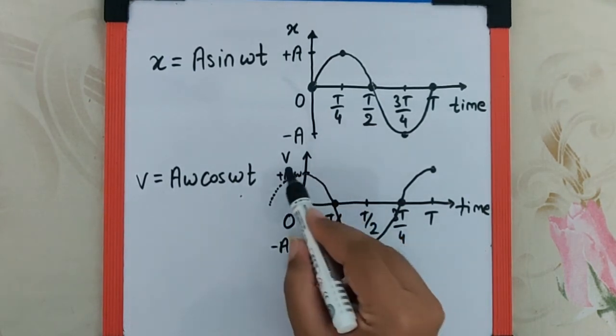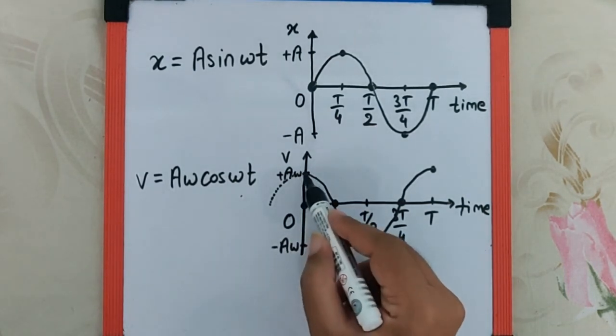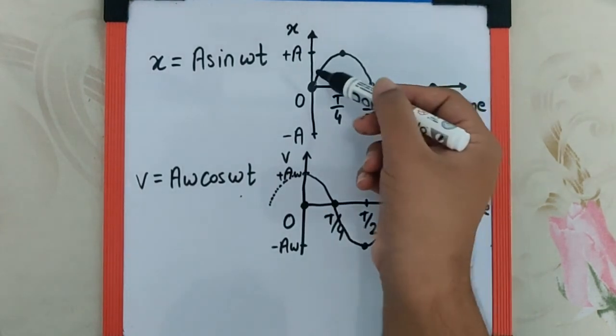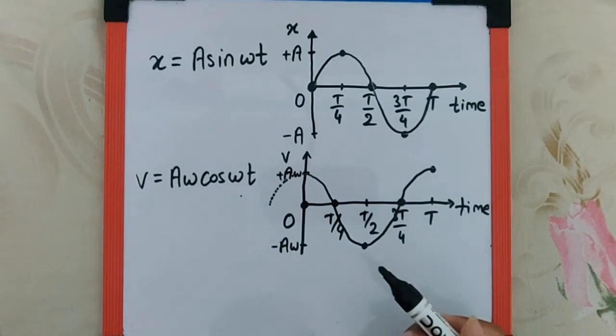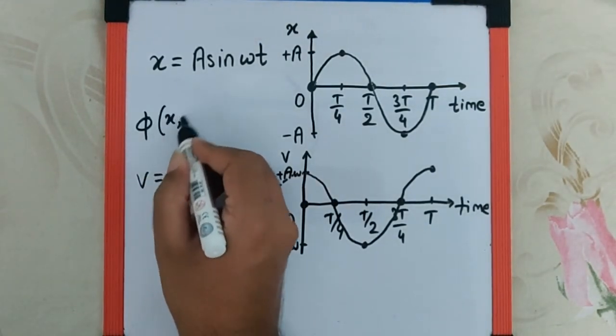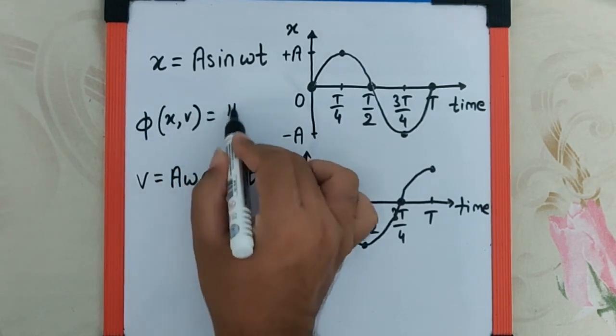So I can say the velocity leads or have a phase difference of pi by 2 with respect to position or displacement. So phase difference between position and velocity is pi by 2.